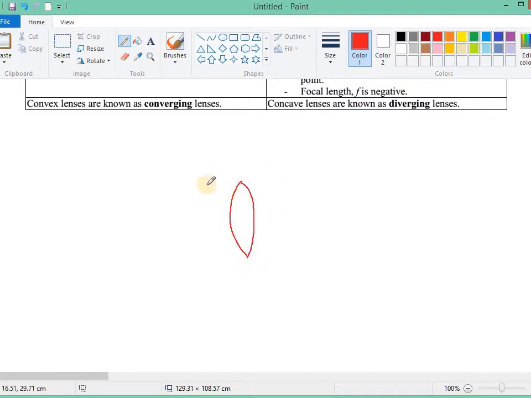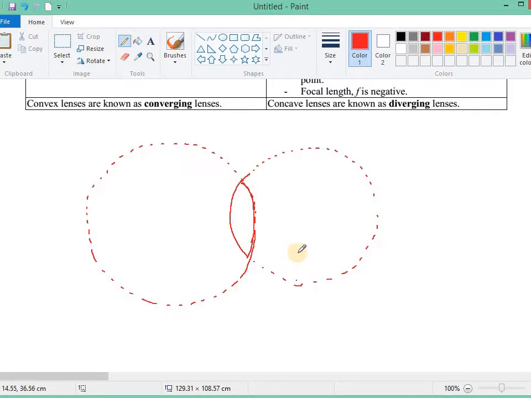So let's say this curvature is part of a big circle. This curvature here is a part of a big circle. This curvature here is also another part of a big circle.